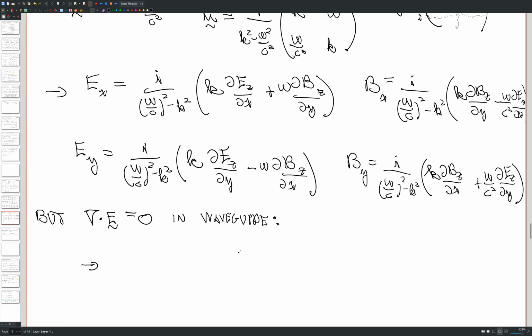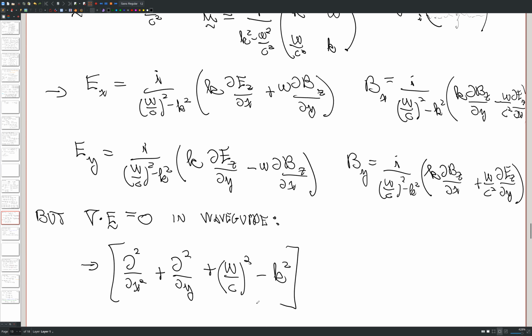Okay, and then with the other one, so essentially what I get is an equation telling me that the second derivative with respect to x plus the second derivative with respect to y plus the combination omega over c squared minus k squared, all of that applied to Ez, is 0, okay?